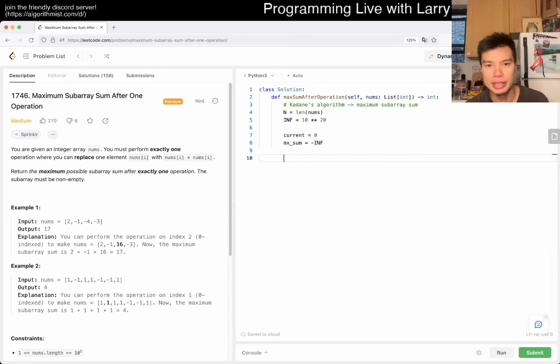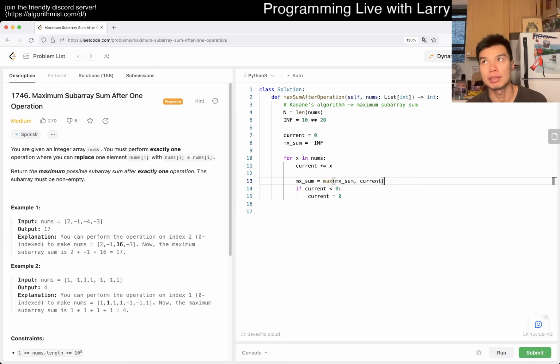Right, so here, for x in nums, if current is less than 0, current is equal to 0. But before that, we want max sum equal to max of max sum and current. So technically, that's a little bit... no, I think that should be okay.